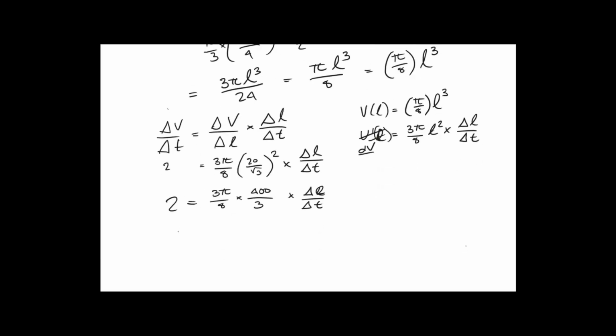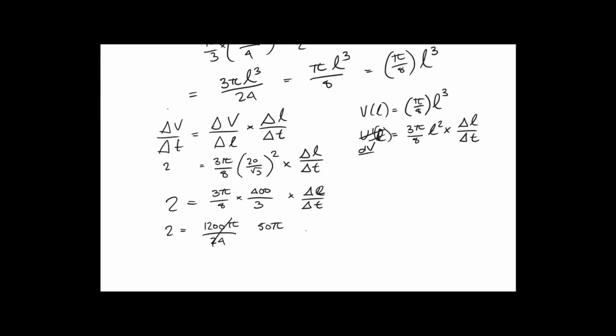Okay, so 2 is going to be equal to some nasty number. So it's going to be 1200 pi over 24, and they're going to cancel. So 1200 over 24 is 50. Yep, 50. So it's going to be 50 pi.